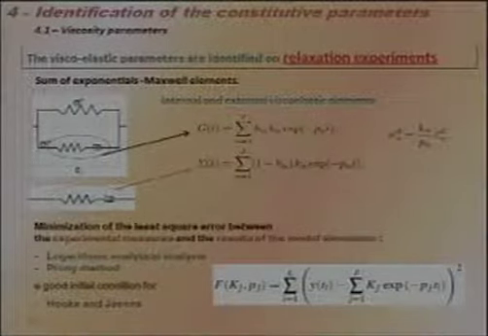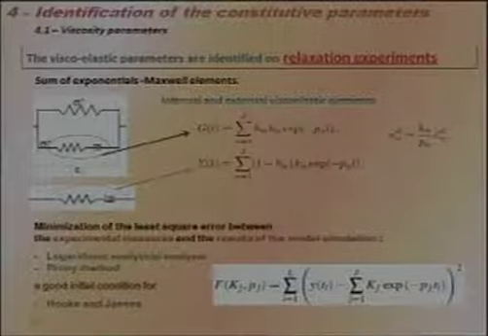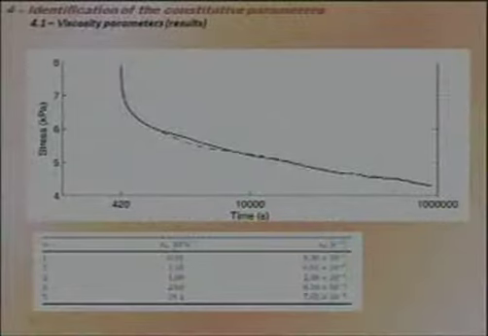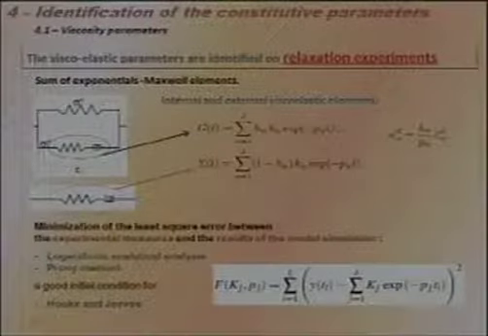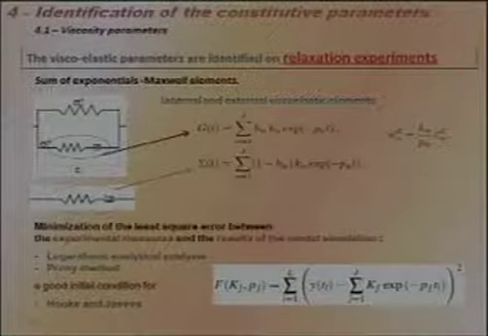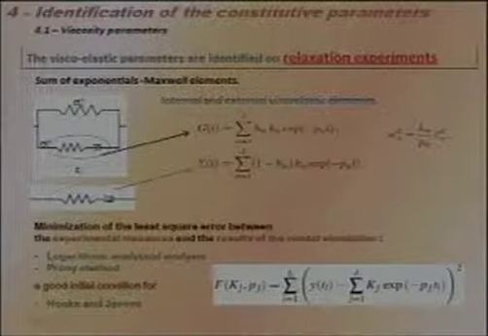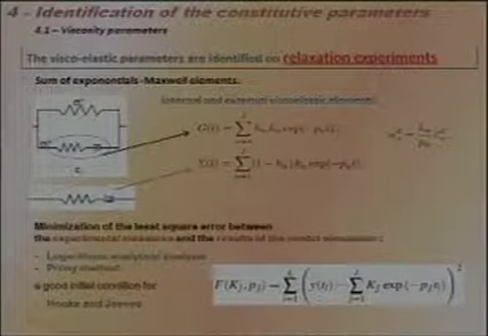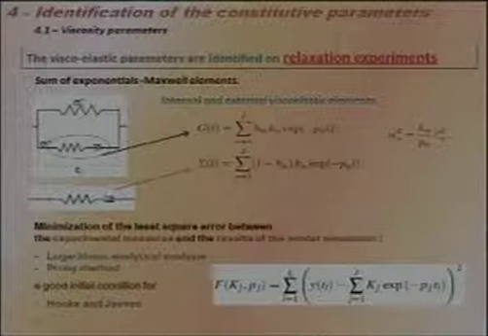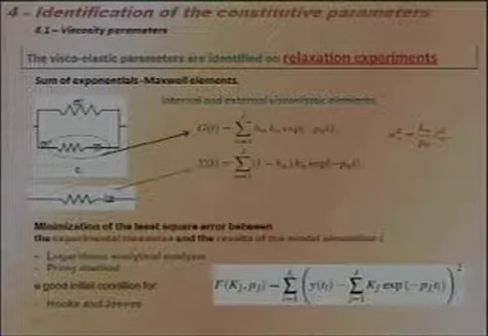So, mainly, we have some relaxation curves, and we have to make an approximation of that through an exponential series. So we have to minimize this kind of functional, which is the error between the experimental measurements and the model simulations for an experiment of relaxation.